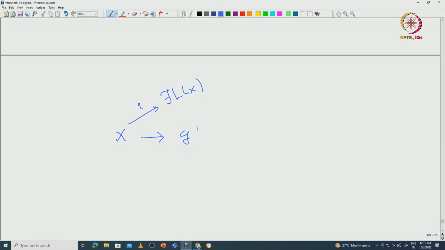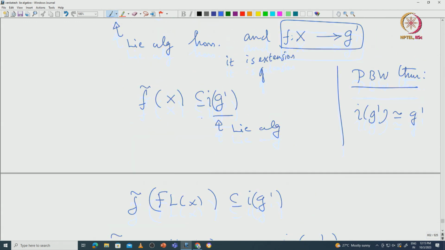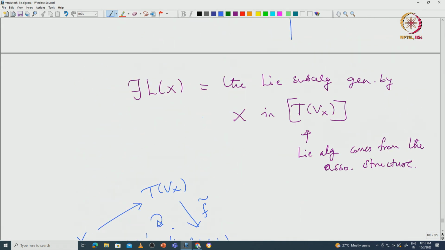This is the iota. So, there exists this unique f tilde such that this diagram commutes. Okay. So, this way one can actually prove the existence of this free Lie algebra generated by x.